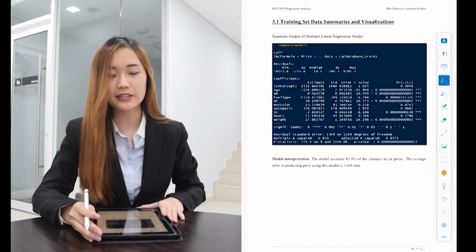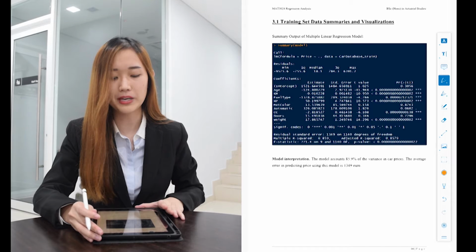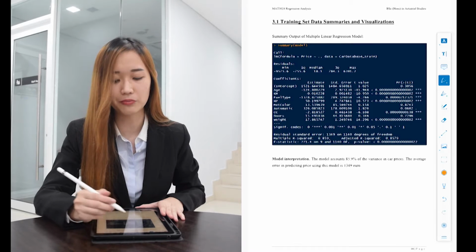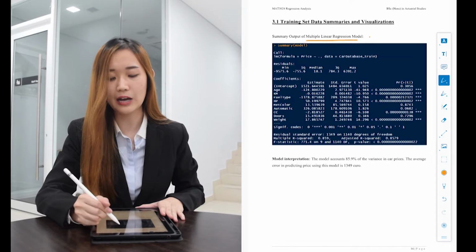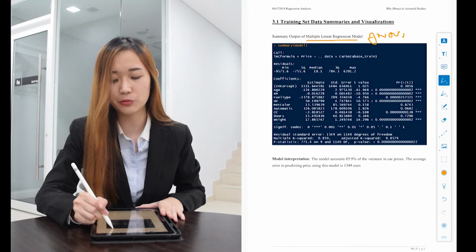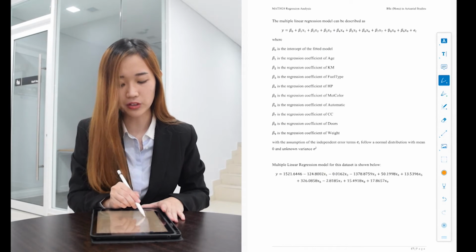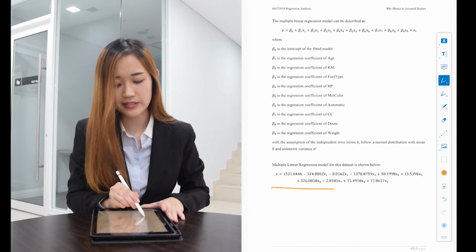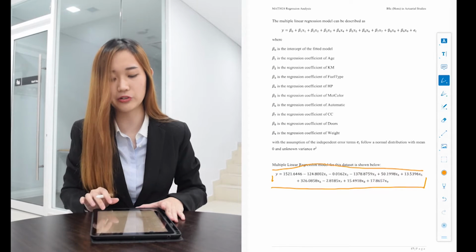For the training set, our total observation is 80%, which is 1150 observations. From here, we obtain the summary output of the multiple linear regression model and also the ANOVA table. The ANOVA table will be shown later. This is the equation after computing the multiple linear regression model.